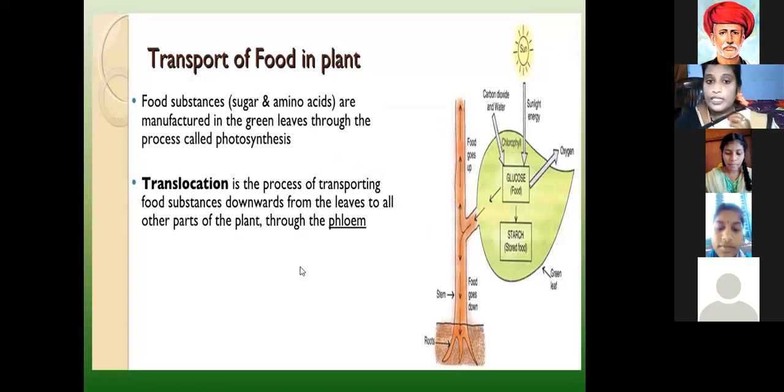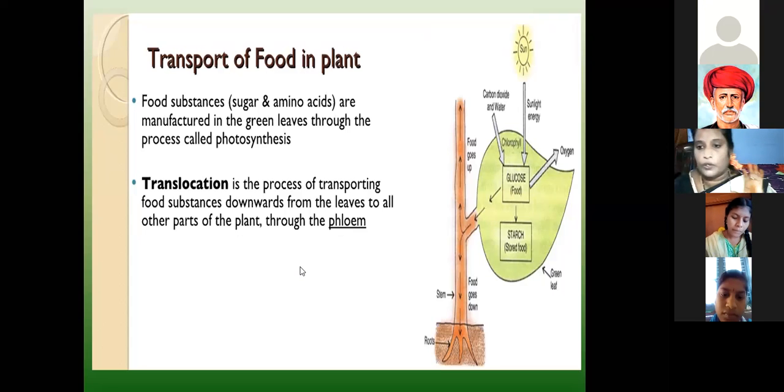Next, what is the transport of food manufactured in the plant? Food substances are manufactured in the green leaf through a process called photosynthesis. We studied the process of photosynthesis in previous classes, in 6th, 7th and 8th. Photosynthesis is a specialized process of only plants.